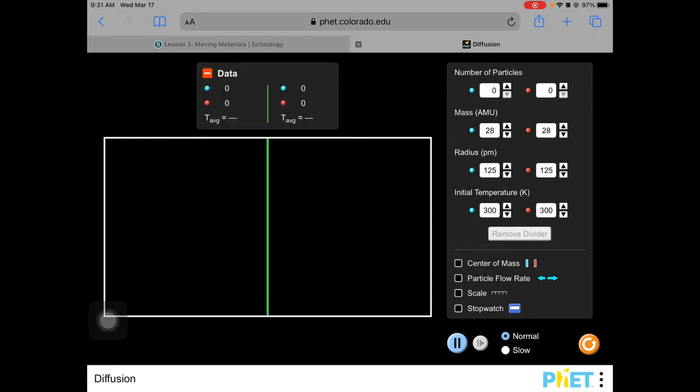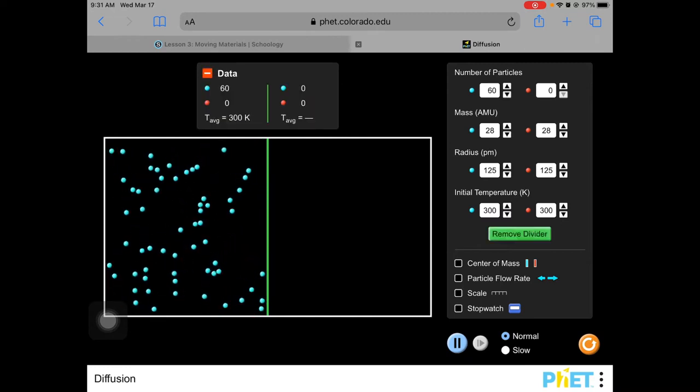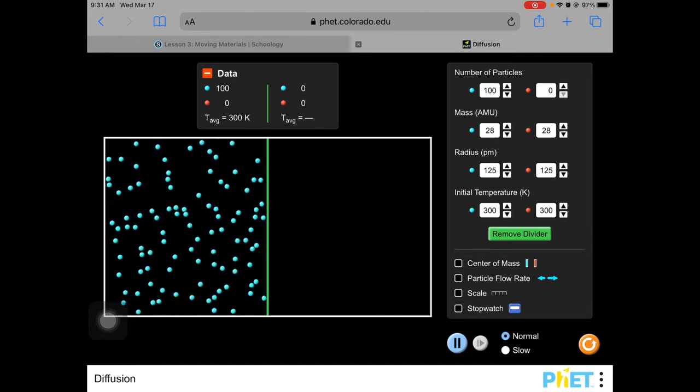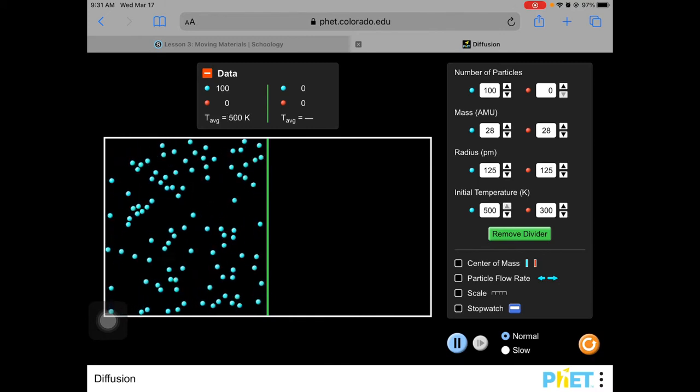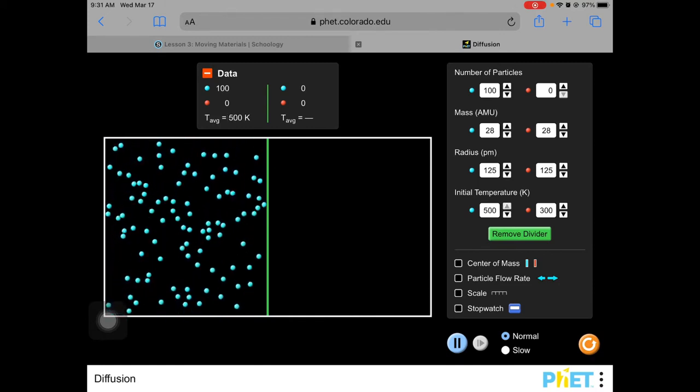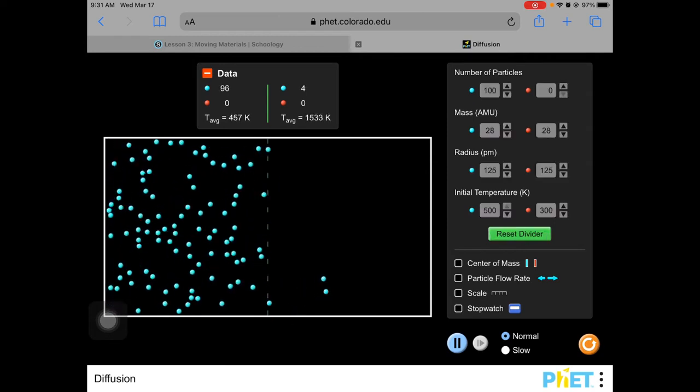Now I'm going to reset the simulation, but this time I'm going to increase the temperature. So I'm starting with 100 particles, and now instead of 300 degrees, I'm going to increase it to 500 degrees and see what happens to the rate of diffusion now.